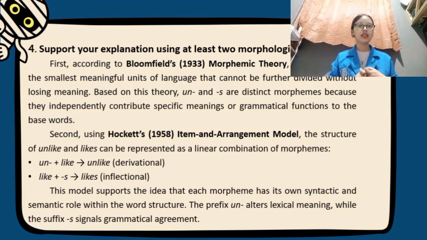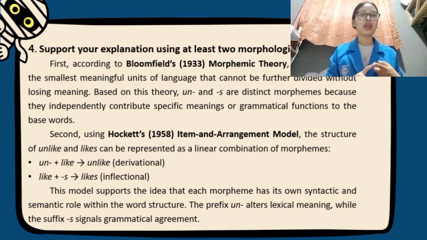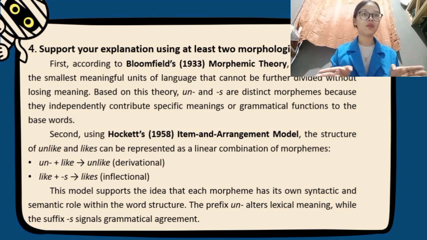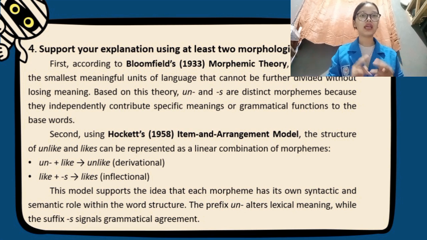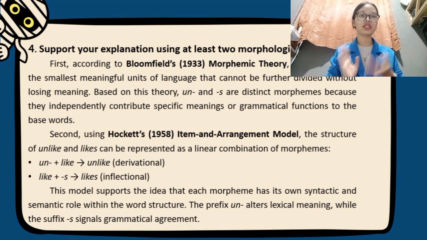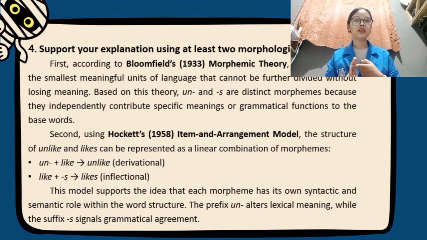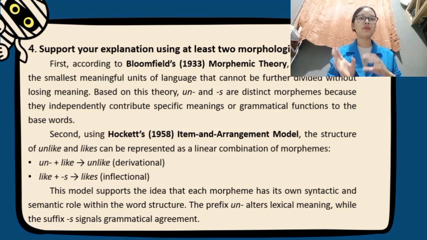The second, using Hockett's 1958 item and arrangement model, the structure of "unlike" and "likes" can be represented as a linear combination of morphemes. So we have "un-" plus "like" becomes "unlike," which is derivational.